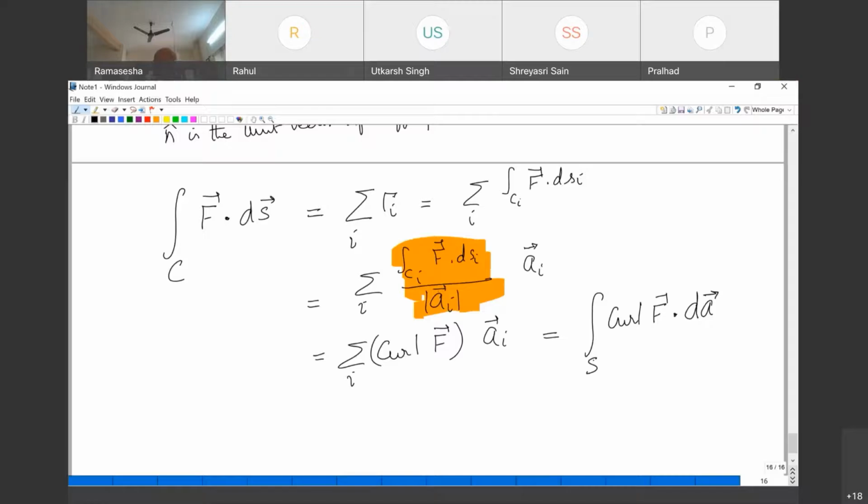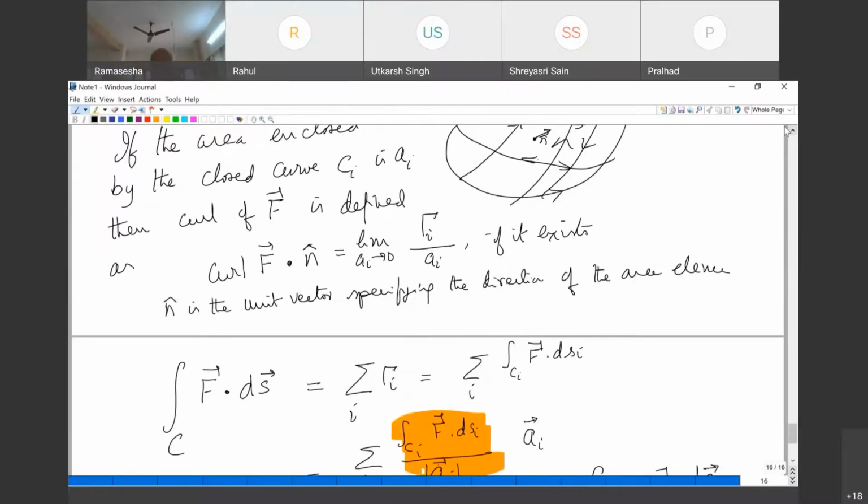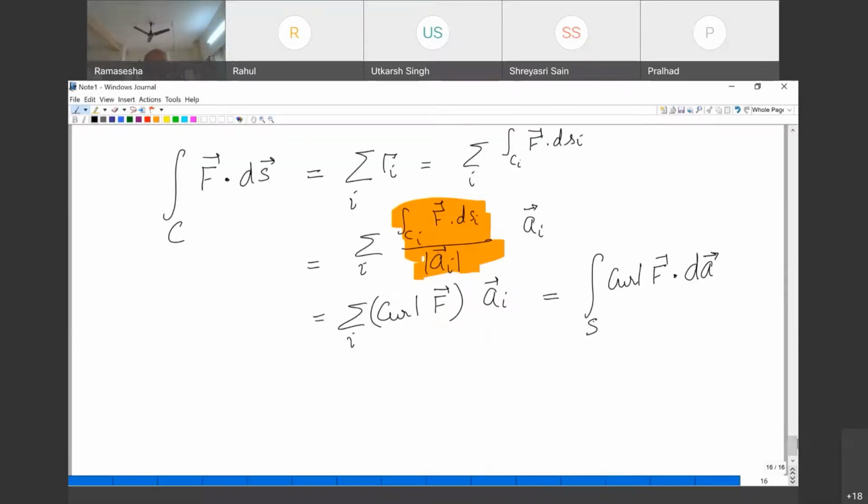Okay, sir, because what's on top is also a scalar, f dot dsi. Yes, you are dividing it by another scalar. So I've taken here the area as the magnitude, and n specifies the direction. Okay, because gamma i is still a dot product of a curl times the area element. Any questions?